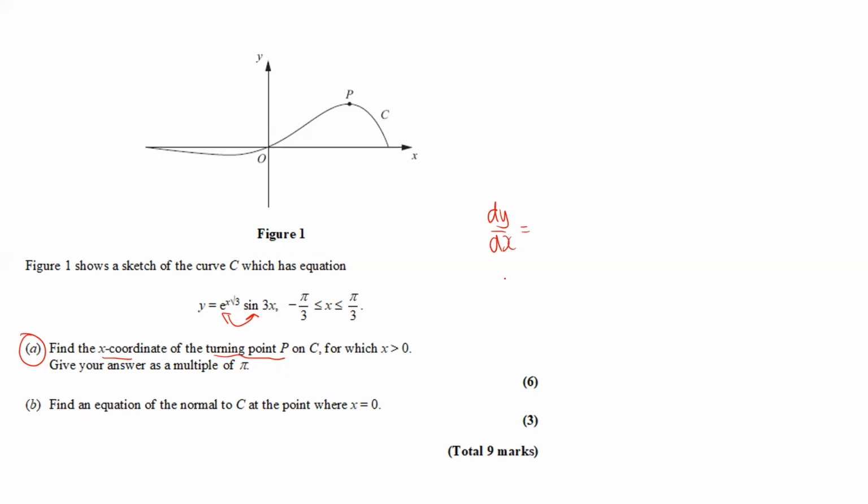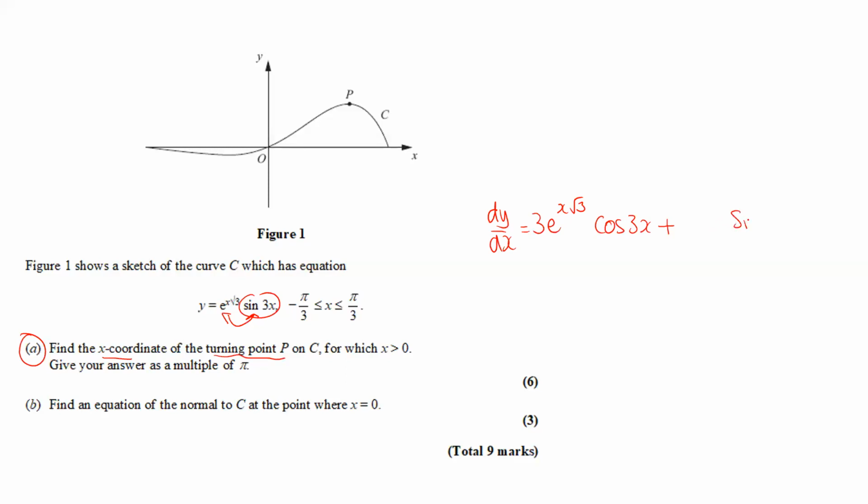And we've got a product. So it is first, so it's e to the x root 3. Differential of second, sine 3x, we again need to use the chain rule. So differentiating with respect to the outside, which is cos 3x, leave alone on the inside, and then multiply by the differential of it. So maybe just put the 3 there so it doesn't get confused with that power. So that is first differential of second plus second differential of first.